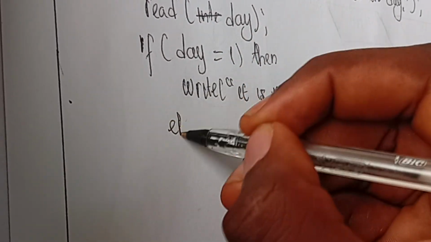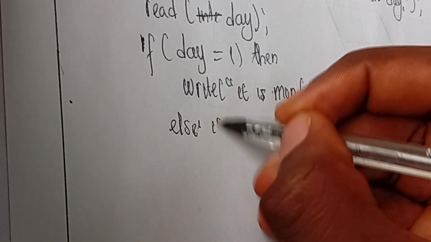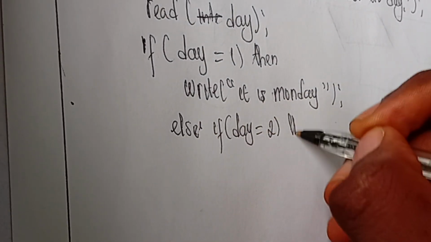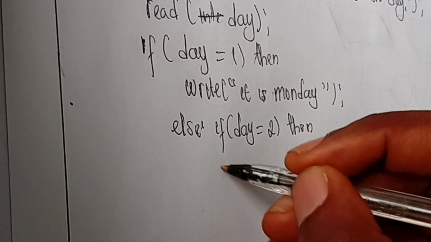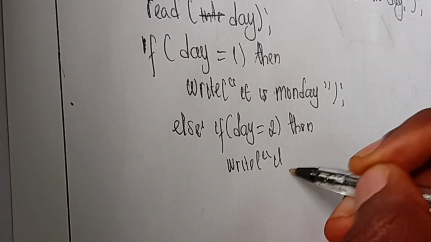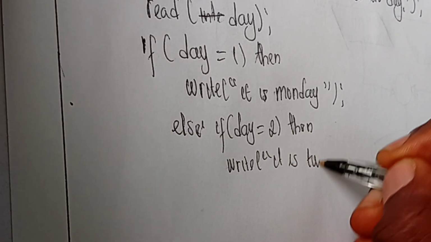Now else if day equal to 2, then write it is Tuesday.